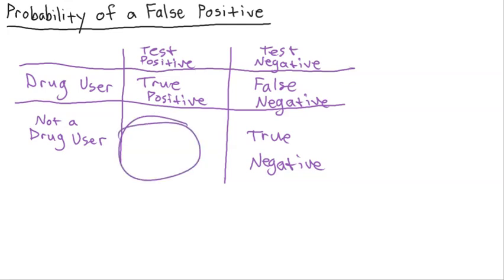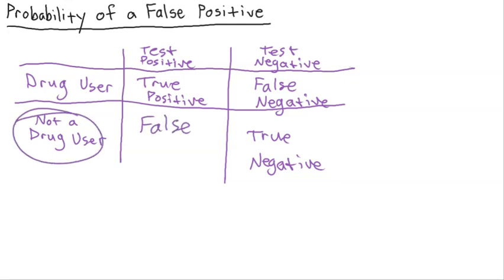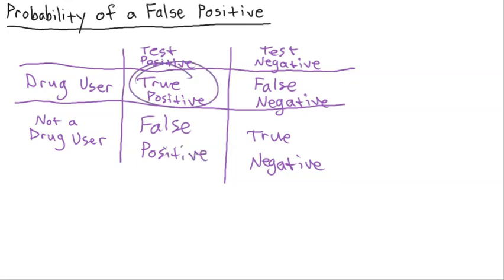Then we have this situation down here where the test identifies the person as a drug user. It's a test positive, but they're actually not a drug user. Once again it's false, because it's incorrectly identifying a non-drug user as a drug user. We call this a false positive. Here's the interesting thing. We like true positives because they tell the truth. We like true negatives because they tell the truth.